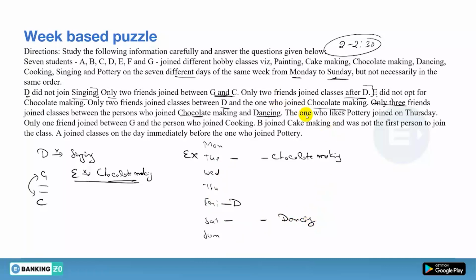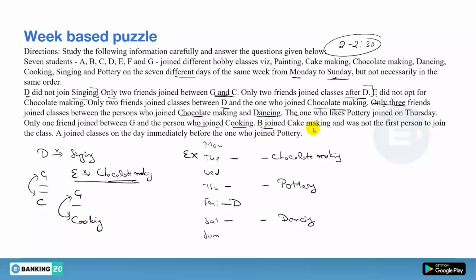Done. Next, the one who likes pottery joined on Thursday. So this person must join pottery. Next, only 1 friend joined between G and the one who joined cooking. Since we don't know the placement of G, we can't place cooking either. So between G and cooking there must be 1 person, but we don't know who is before and who is after whom.